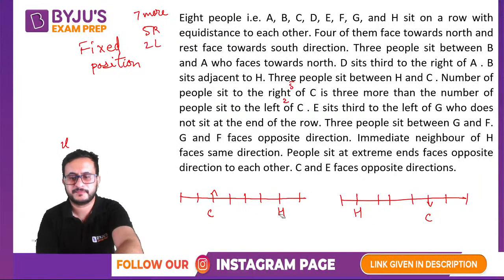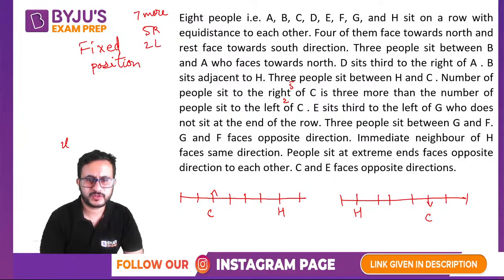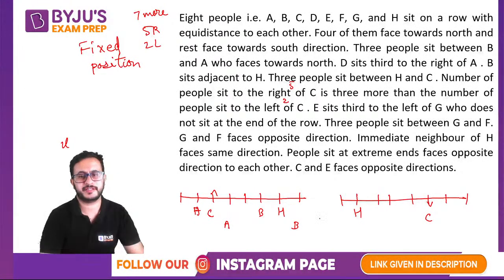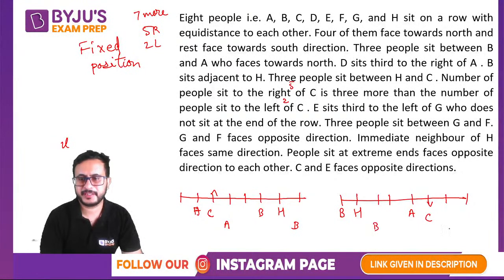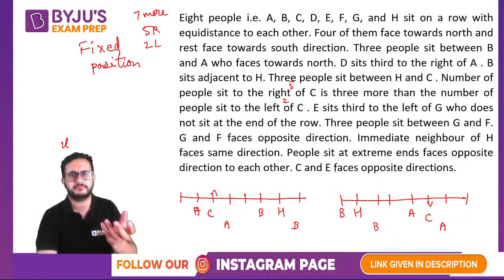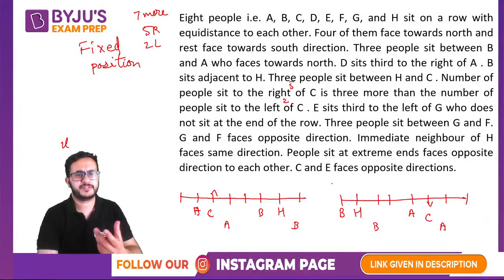So let us make two cases like this: this is A and this is B. Another case, B here and A here. So we will knock off the incorrect one. We'll use only these two and then remove that case which does not follow.